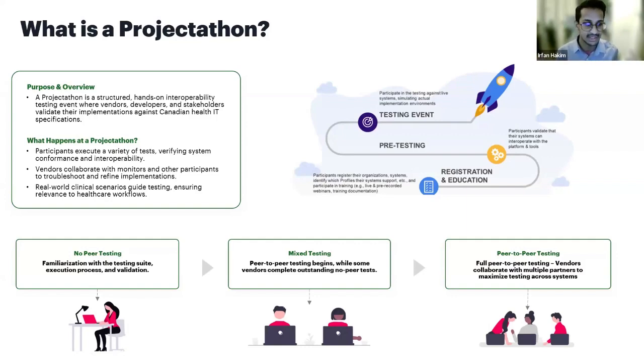And that's usually what non-peer testing looks like. It's just their system talking to a data validation tool that we have, making sure that they can test against our synthetic data and see whether they meet any and all of the requirements that we have set for them. And this is all based out of either the national core or that jurisdictional level specification, and so on.